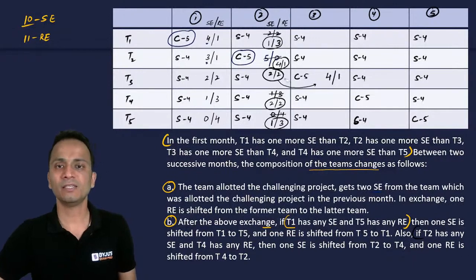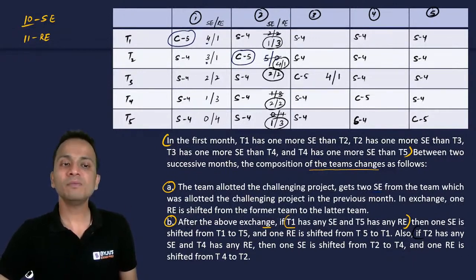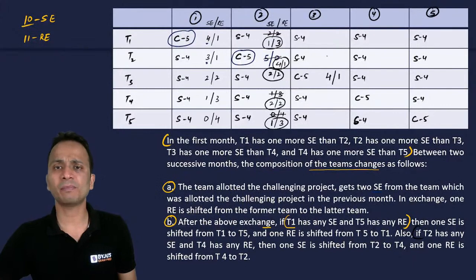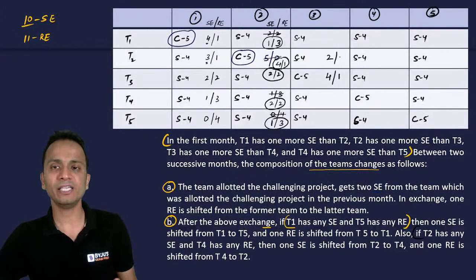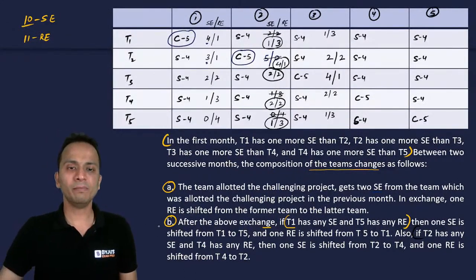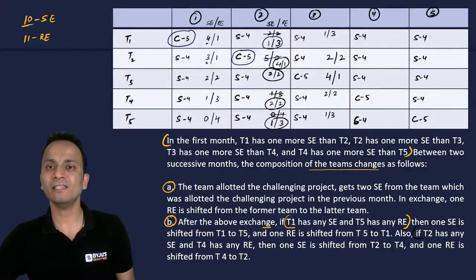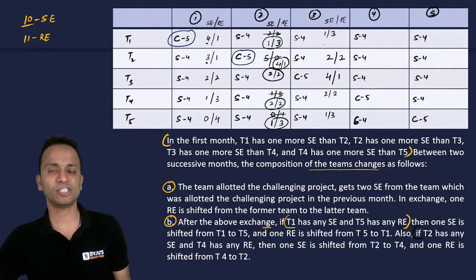All right, fine. And the team it exchanged with, T2, will also have changes. So in that, special will be subtracted by 2 and regular will be increased by 1. So this becomes 2,2. The rest I write as it is, 1 3, 2 2 and 1 3. Right? Then point number B will be applied. So if T1 has any SE and T5 has any RE, then the exchange will happen.